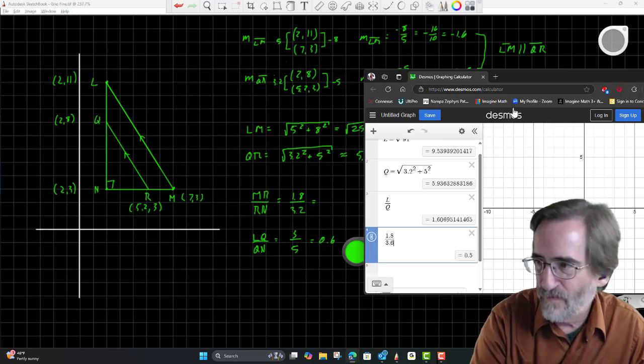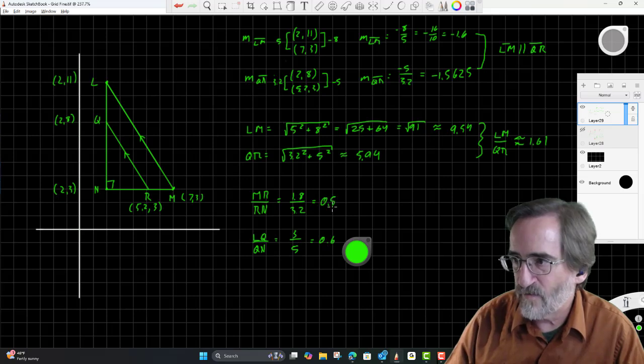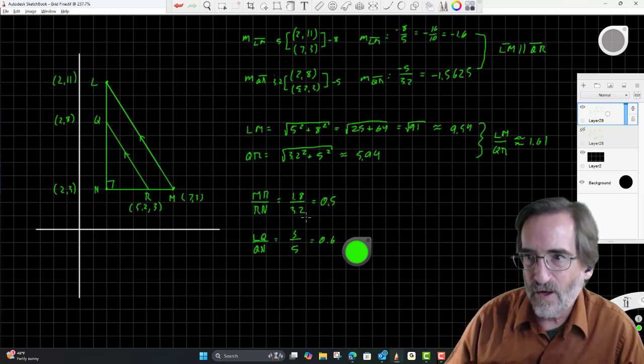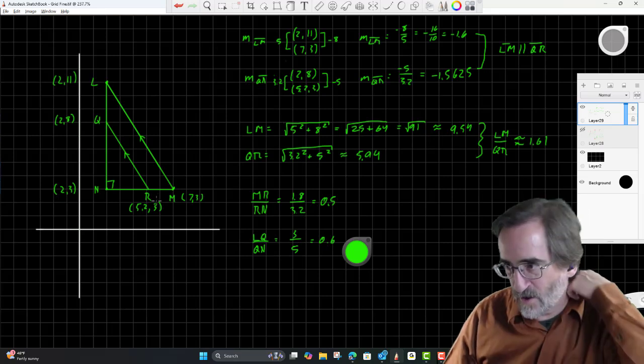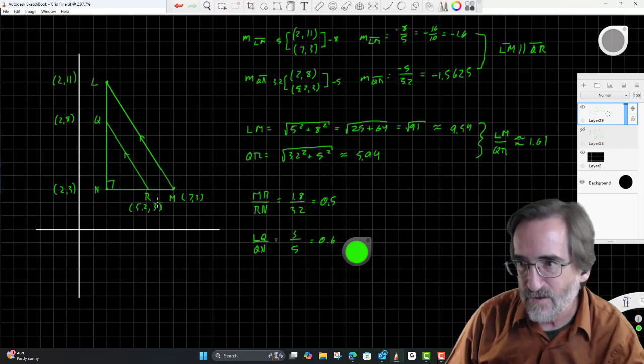If I can type. 0.5. Now here we have a little bit of error. 1.8 to 3.2. Make sure I did the arithmetic right. It's off by a tenth. But a tenth error is not unexpected.